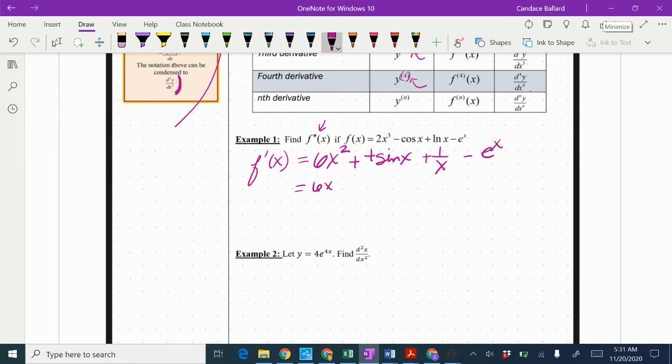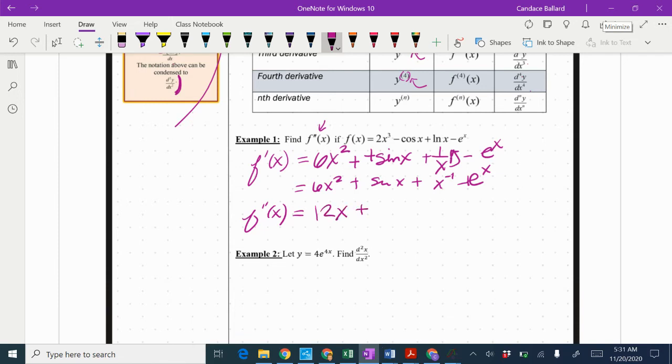I'm going to spend one line rewriting that because of the 1 over x part. Remember, that's to the first power, and I have to bring this upstairs to differentiate it at the next level. So it's x to the negative 1. All right, we're going to take the second derivative. The derivative of 6x squared is 12x.